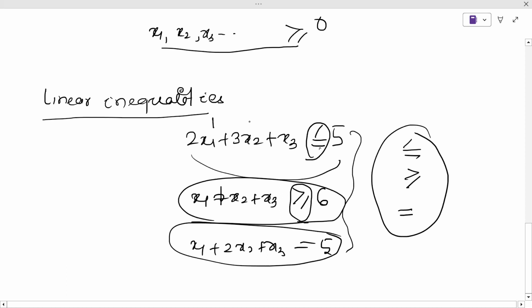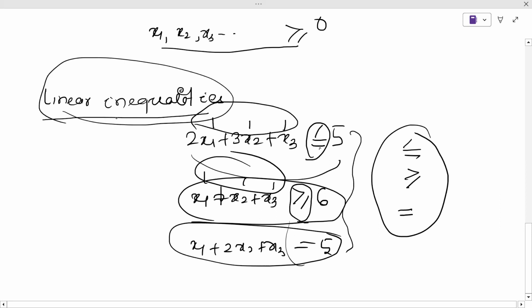Because the power of the variables is 1, it is called linear. Why do we say that the equations are linear inequalities?